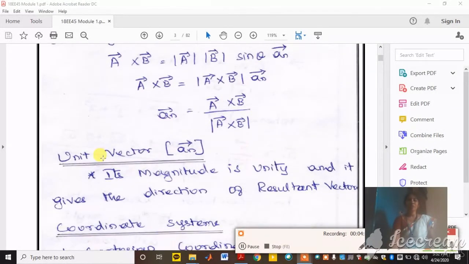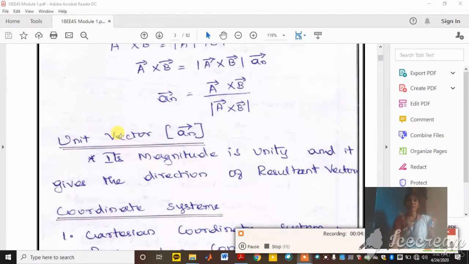Then what is meant by a unit vector? The direction could be anything, but the magnitude will become 1. That is, its magnitude will be unity and it gives the direction of your resultant vector. This is your unit vector.